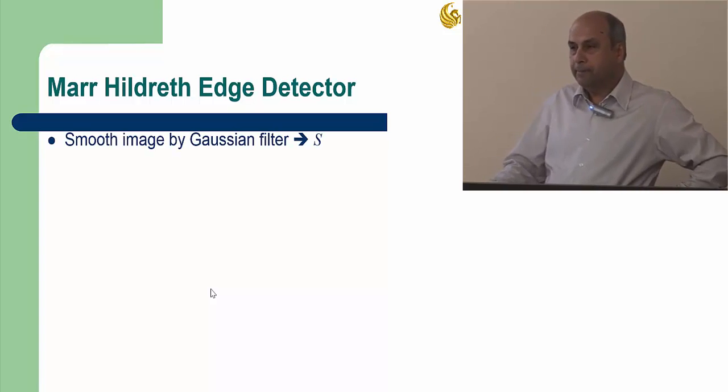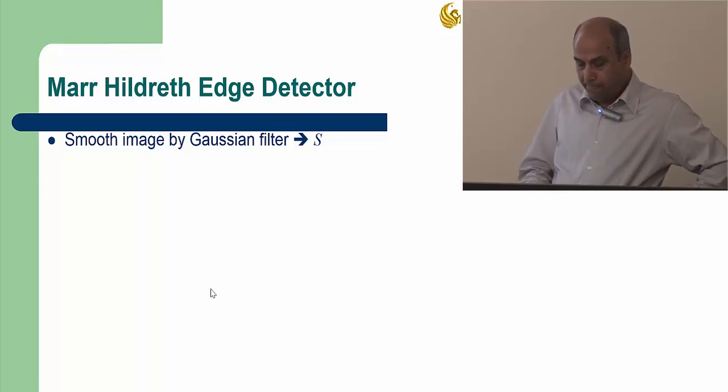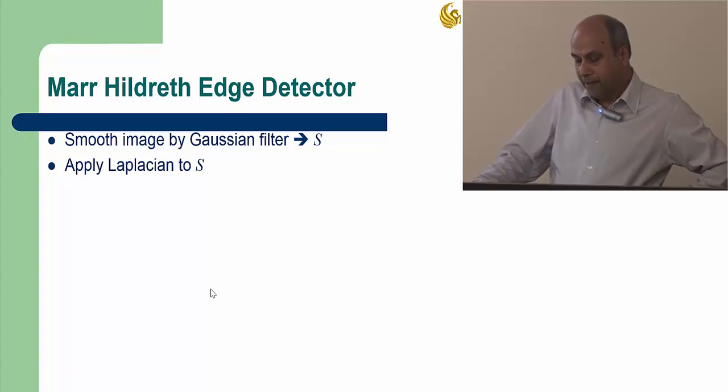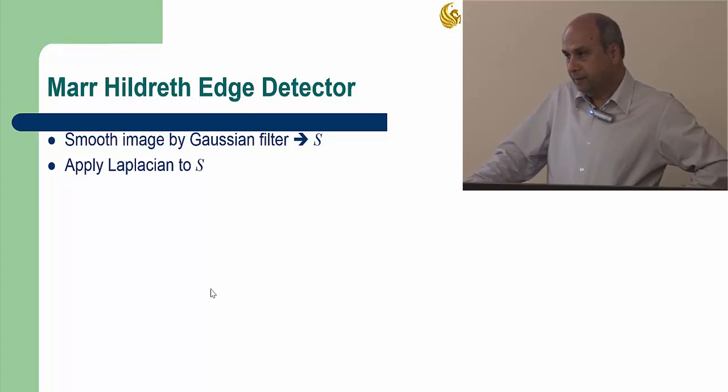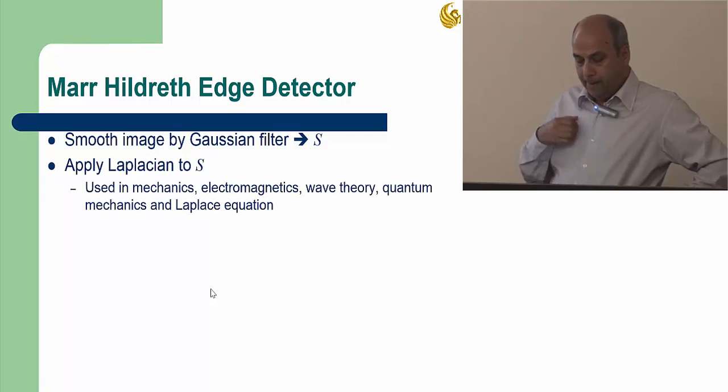Again, it will do smoothing by Gaussian, which you know by now pretty well. And instead of finding the gradient of Gaussian, it will find the Laplacian. Instead of the first derivative, find the Laplacian. The Laplacian is the second derivative in x plus the second derivative in y.